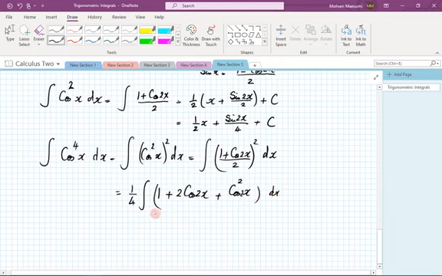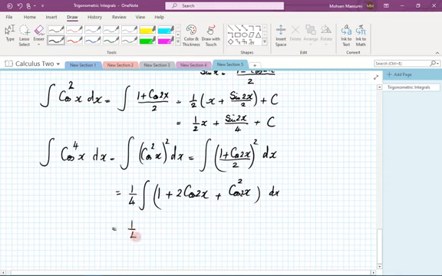Okay, we cured a little bit. We went from power 4 to power 2, but again, I can't handle the power directly. I have to apply another power reduction formula. Sometimes these formulas are called power reduction.